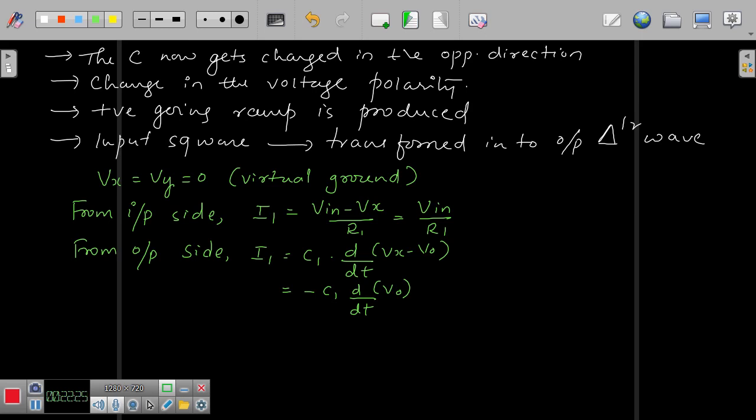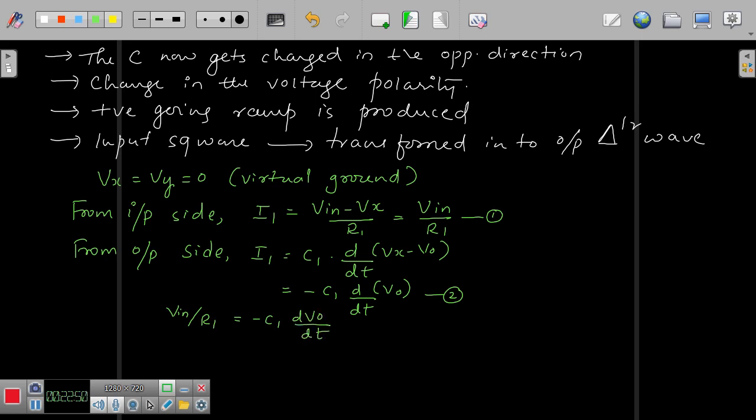Now I can call this as equation number 1, this as equation number 2. We have done a very similar thing in our previous slides also, when we discussed about the differentiator. So V in divided by R1 is equals to minus C1 into dV naught by dt.